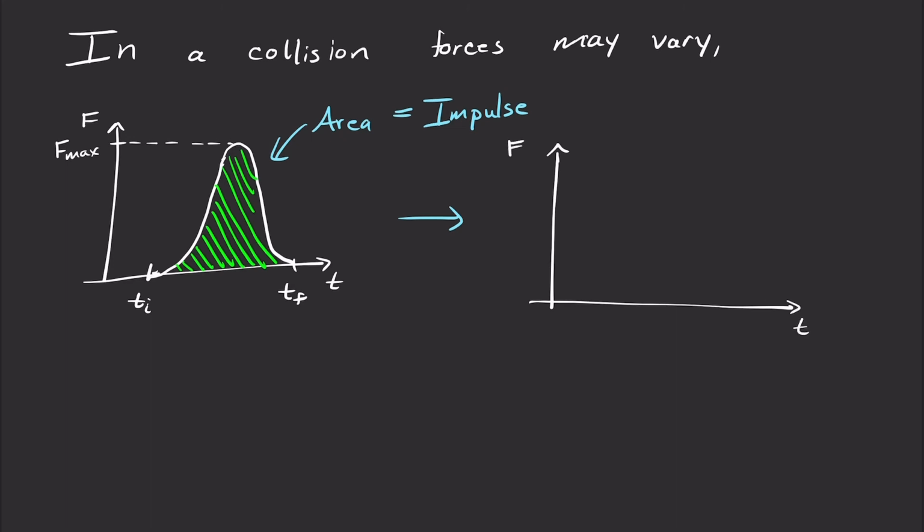If we have this force that varies very sharply from some Ti to Tf, if we just find the average force, we can replace this force curve with just an average force and pretend this average force is acting over the full time interval rather than this force that's changing all the time.